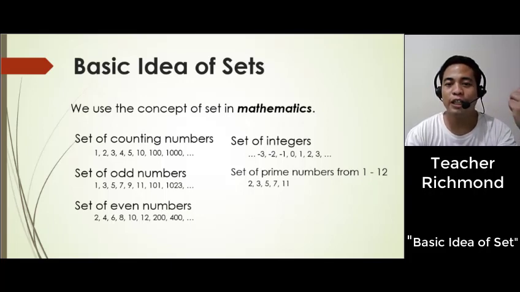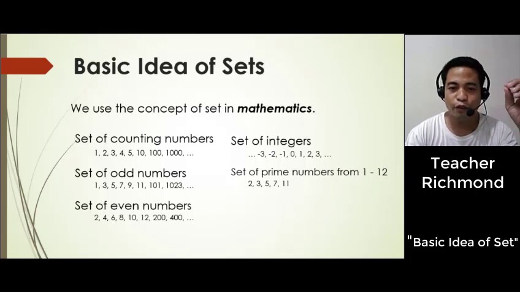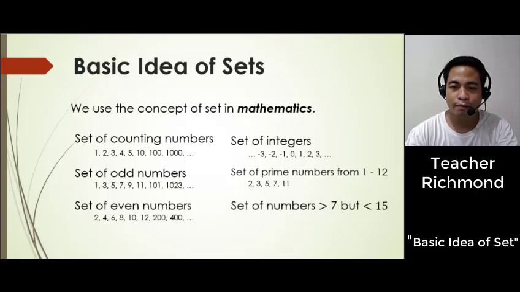So prime numbers are numbers that have only one set of factors. So if you look from 1 to 12, these are the numbers that are prime numbers from 1 to 12. So our set of prime numbers is 2, 3, 5, 7, 11 under 1 to 12.